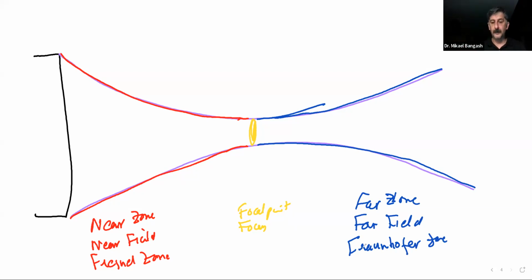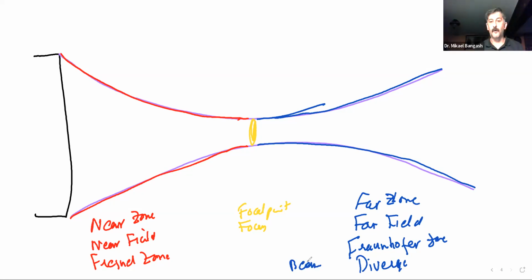But what mainly happens in the far zone is that the beam is going to diverge. Clear? What would I mean? That it keeps on spreading out.